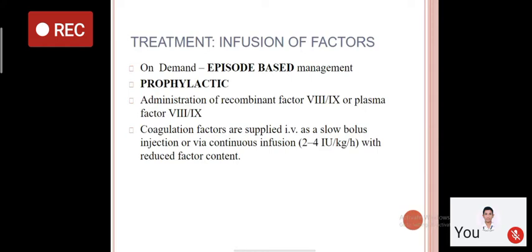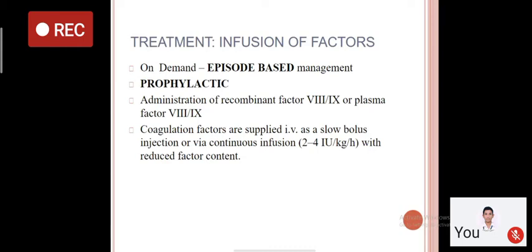Then, how are the factor concentrates transfused? There are two protocols which are followed all over the world. One is episode-based management, and another mode of therapy is prophylactic therapy. Episode-based management is followed in our country where there is a scarcity of the factors.